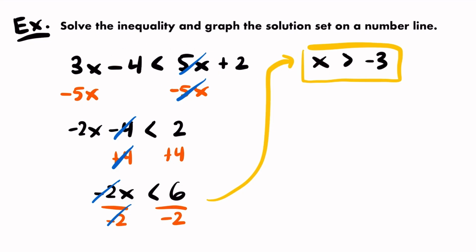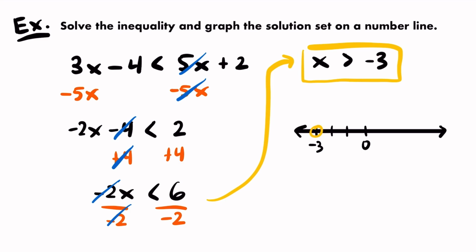But now let's graph it on a number line. I'll draw mine like this. I'll let the center be the value of 0, but then x can be any value greater than -3. And so if this is -1, -2, -3, we would then draw an open circle at -3 because we're not including that value, right? x is not greater than or equal to -3. It's just greater than -3.